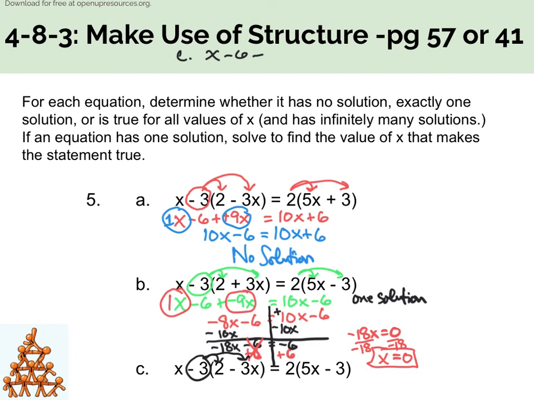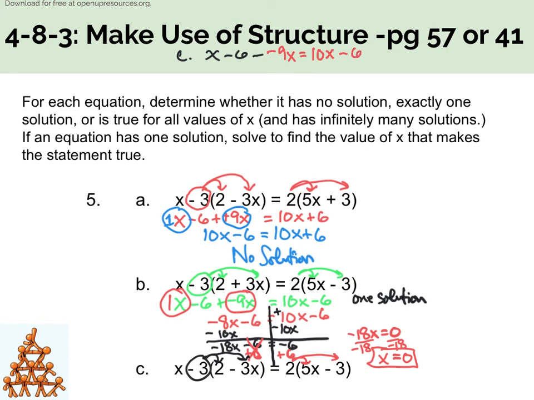So negative 3 times 3x is negative 9x. 2 times 5x is 10x, minus 2 times 3, which is 6.